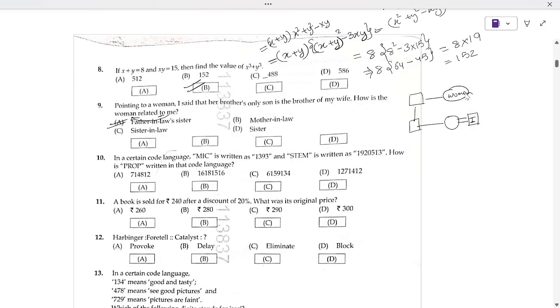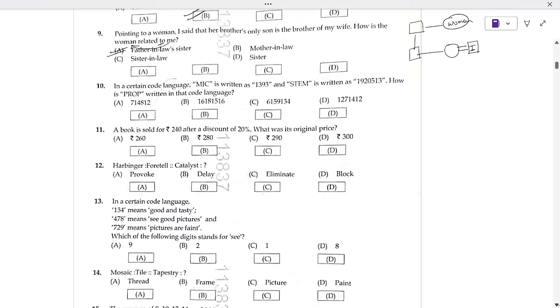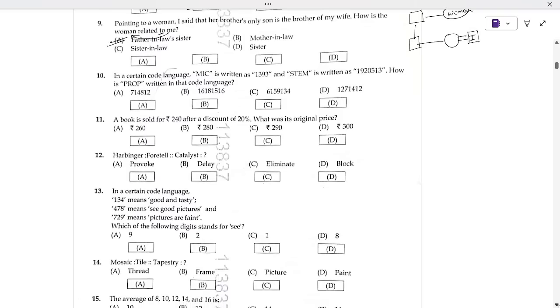This is also from coding and decoding, reasoning, coding and decoding or classification. So in a certain code language MIC is written as 13 9 3. Now, write the corresponding number.